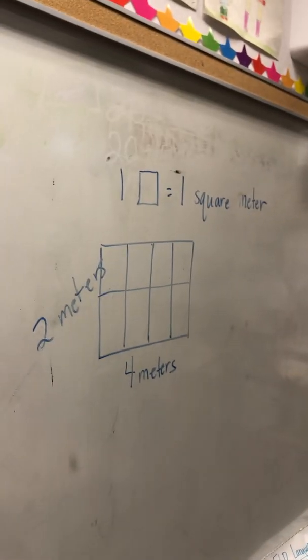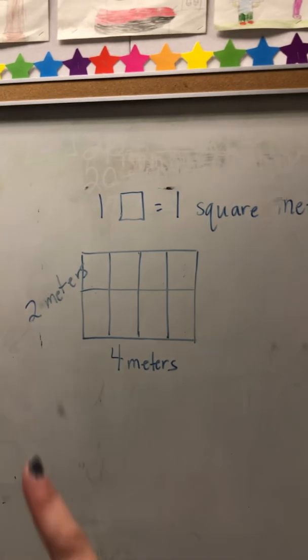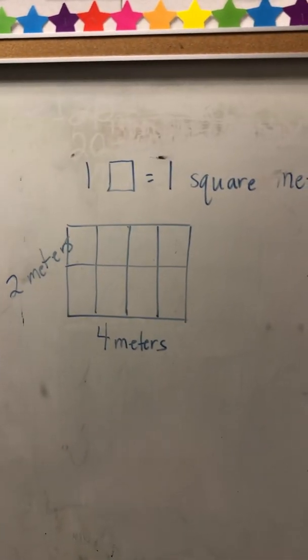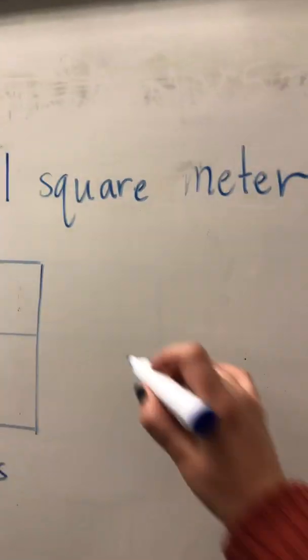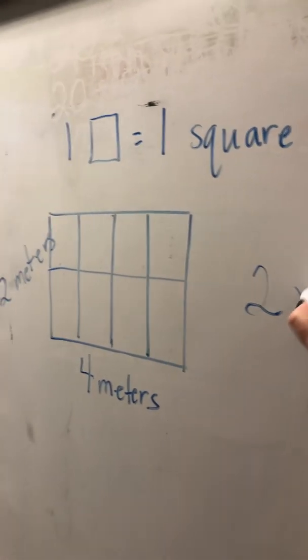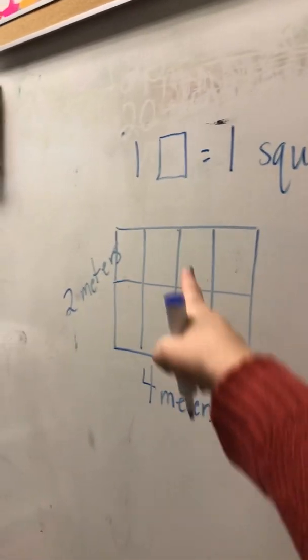The area talks about how many of those square meters will fit on the surface of my rectangular array, or my rectangle if the array weren't there. So now, we're going to take our 2 rows and multiply them by our 4 columns.